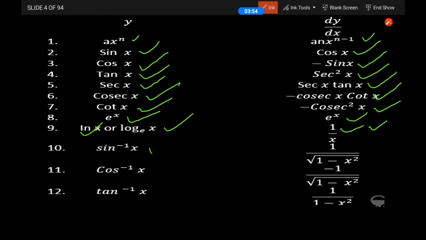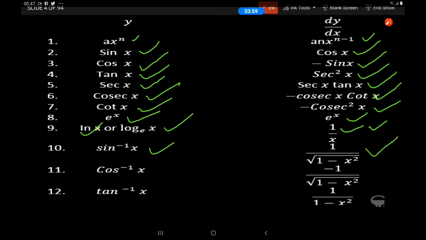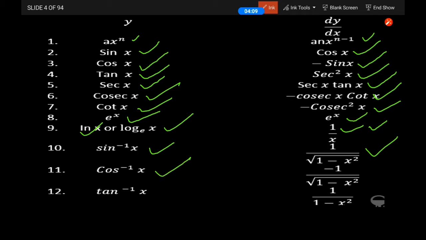Now, if I differentiate sin inverse of x, I'll be getting 1 over the square root of 1 minus x squared. In the same vein, if I differentiate cos inverse of x, I'll be getting negative 1 divided by the square root of 1 minus x squared.